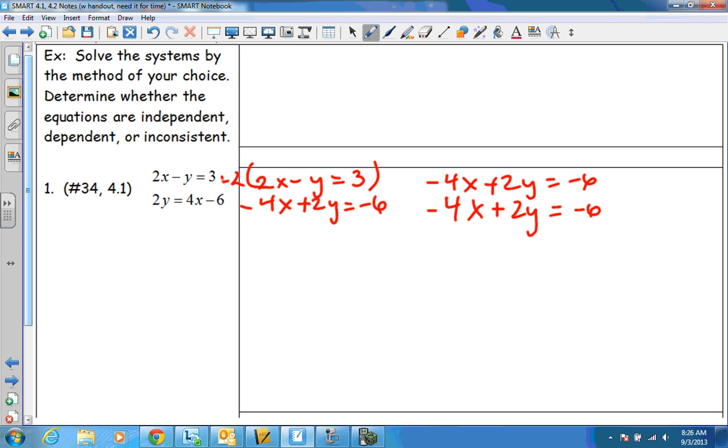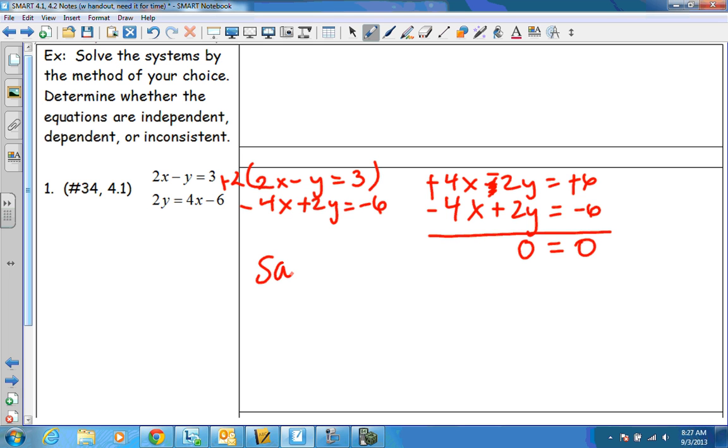Now for elimination, you're probably going to do it by 2. Right? And what happens? 0 equals 0. If you did substitution, you should get somewhere a number equals the same number. So this means that they are the same line.